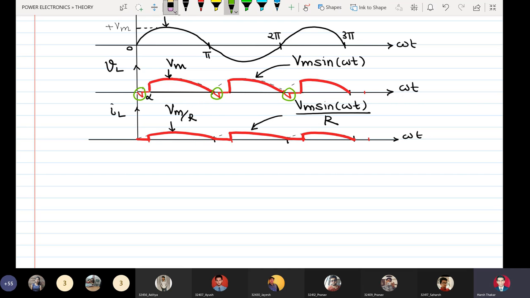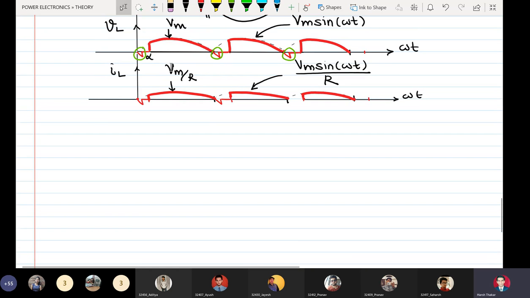Similarly, here also there is a change in the load current. So now there is a change here.